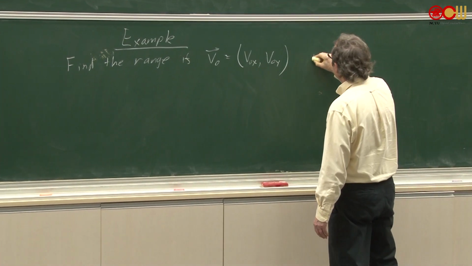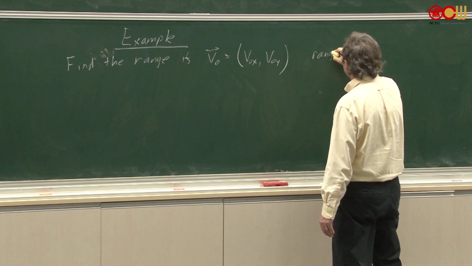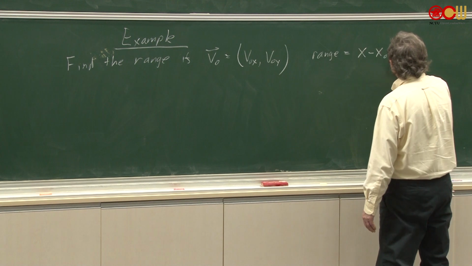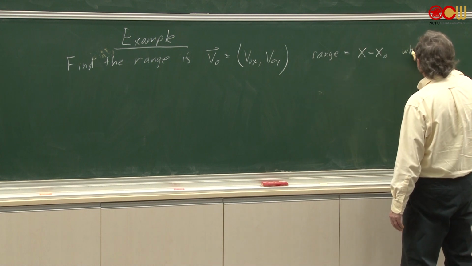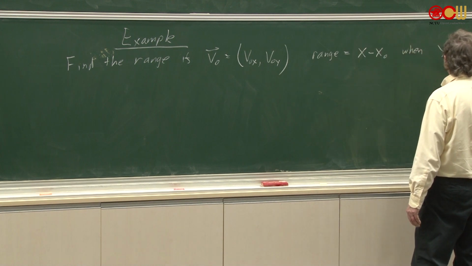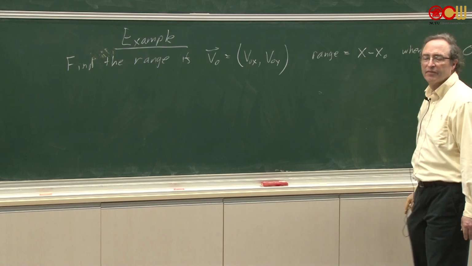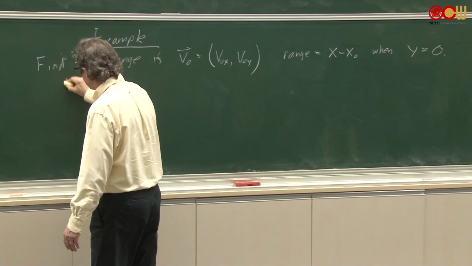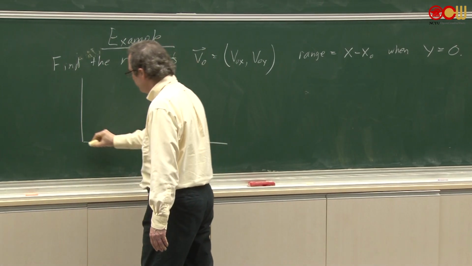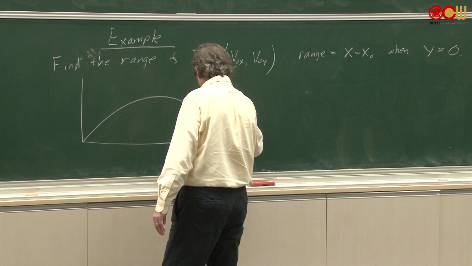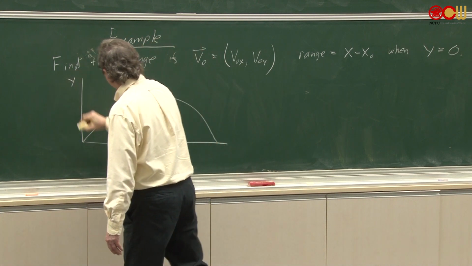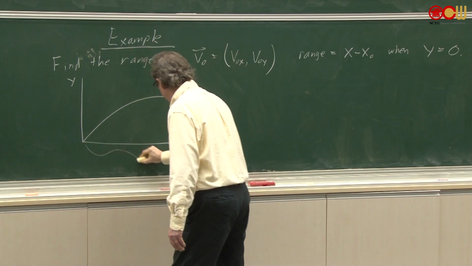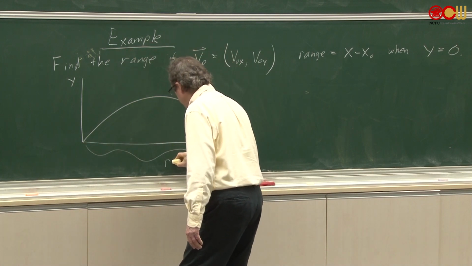All right, so range equals x minus x0 when y equals 0. Okay? In other words, this is pictorially what it looks like. This is y, this is x, and this distance here is the range.